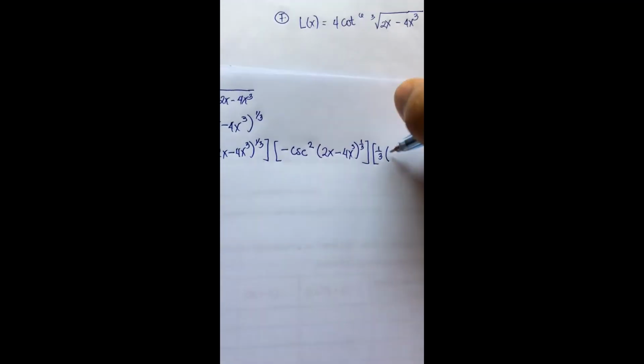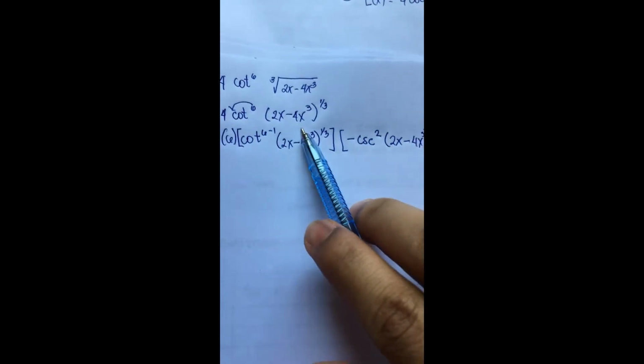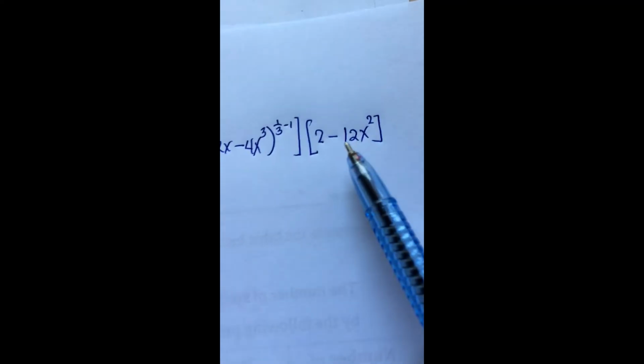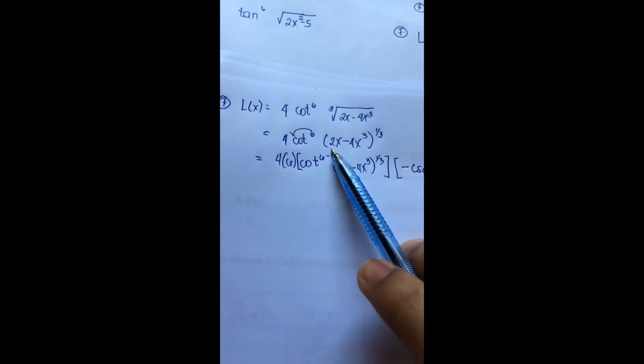So applying power rule, so 1/3 times 2x minus 4x cubed raised to 1/3 minus 1 times the derivative of 2x minus 4x cubed. So you have 2 minus 12x squared. Saan galing ito? This is the derivative of 2x minus 4x cubed.